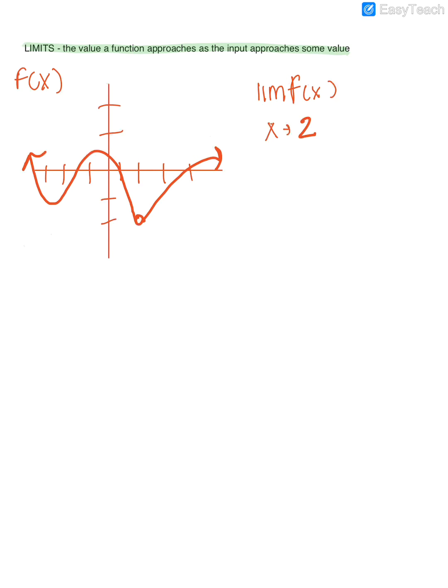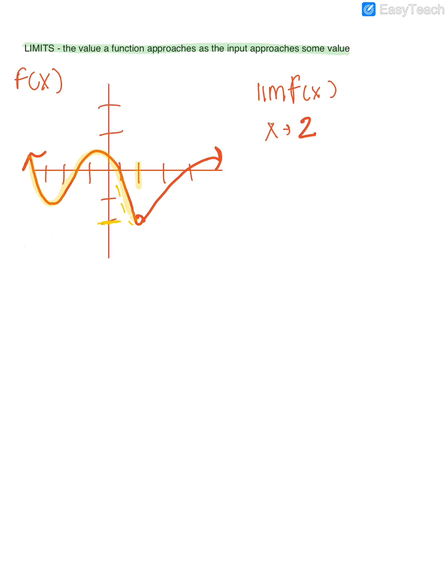So we would look at the graph. Let's just follow along together. We can see that as we're following the graph and getting closer to this value of 2, we're also slowly inching towards -2.